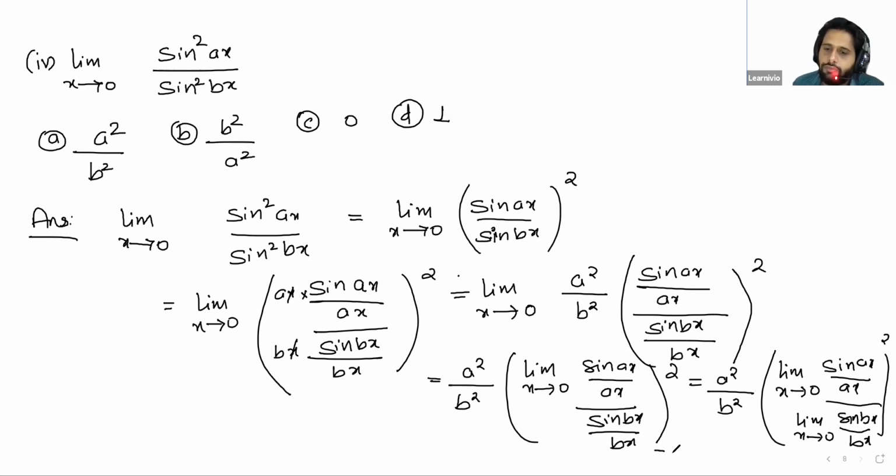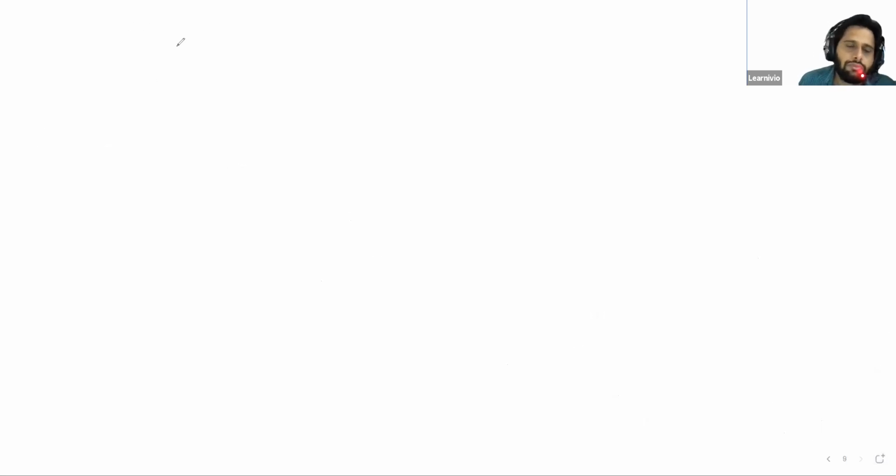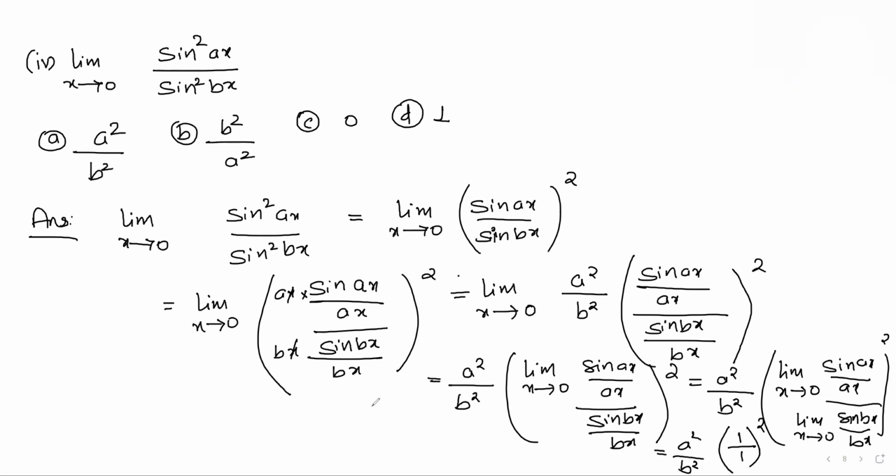So this will give you a square by b square, and in the numerator you will get 1, and then a square by b square. Okay, Sparsh? Yes sir. Okay, very good. Then please note down this and confirm me once done, then we will start the next question.